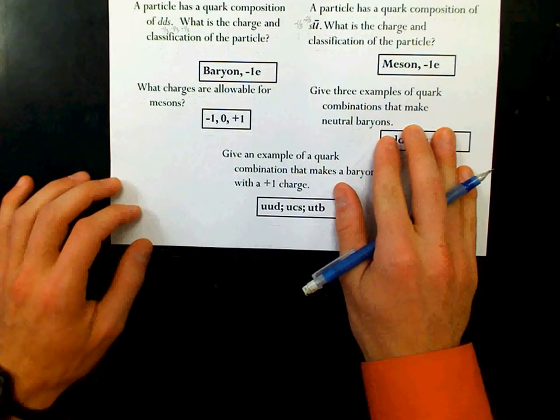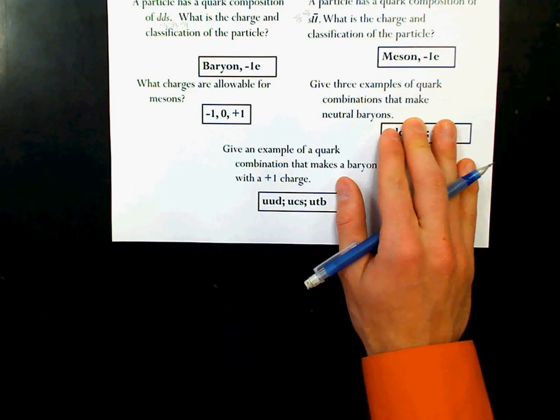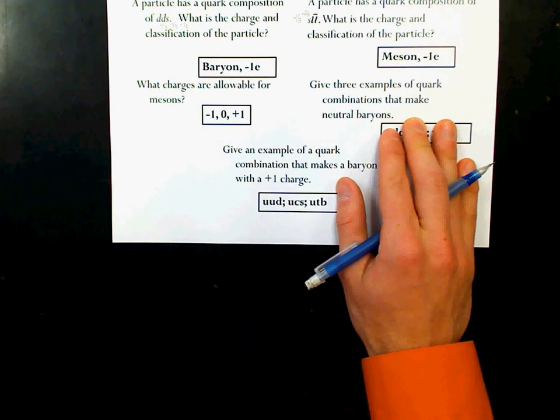Okay, play around with this. I want you to give me 3 examples of quark combinations that make neutral baryons. Recall, a baryon means that it has 3 quarks. So what combination of 3 quarks will give you a neutral charge?